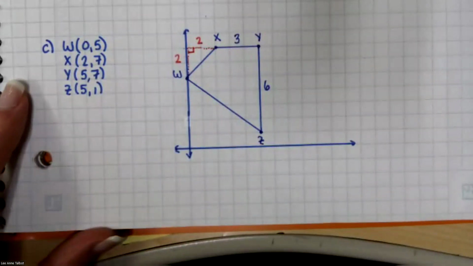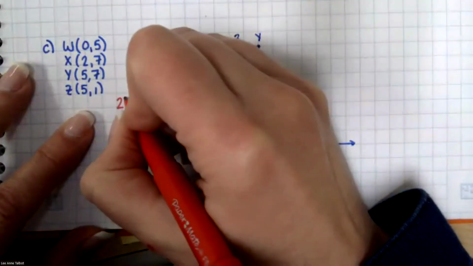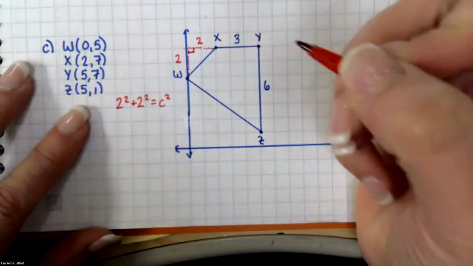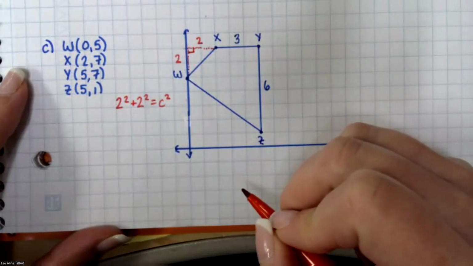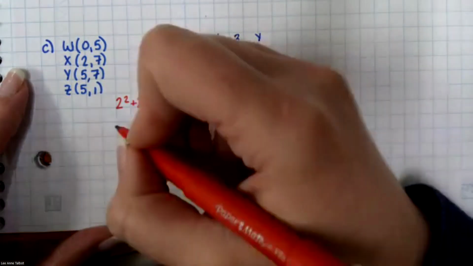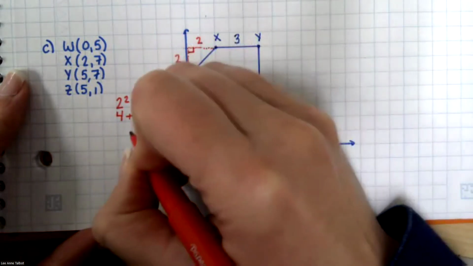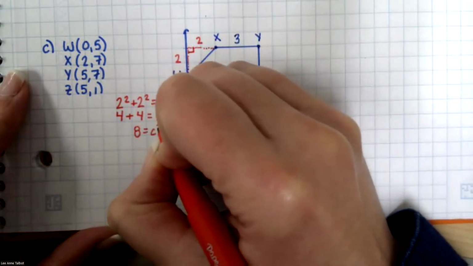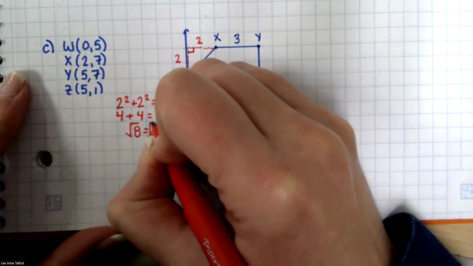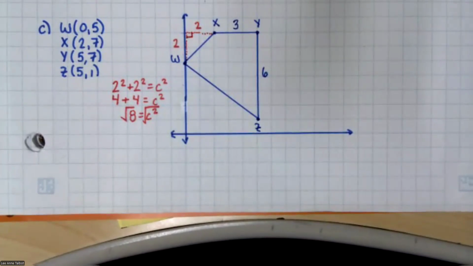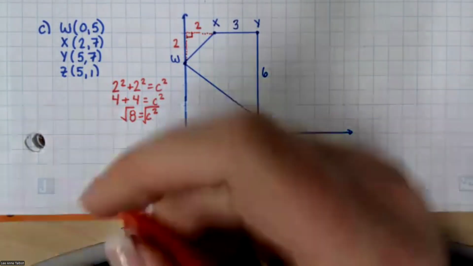Probably not 3. 2 squared plus 2 squared equals C squared. Okay, 8 is divisible by 4.